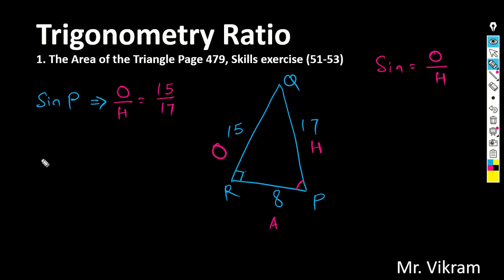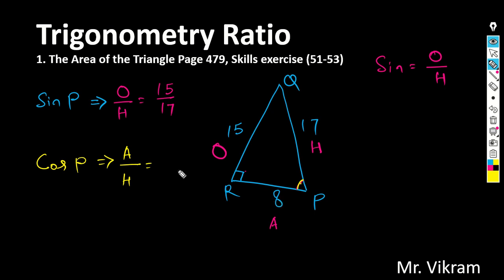Let's try cos P. So cos P, again from this angle. If I stand here, this side will be opposite, the longest one is hypotenuse and the shortest here is adjacent. So in this case, cos is adjacent over hypotenuse.